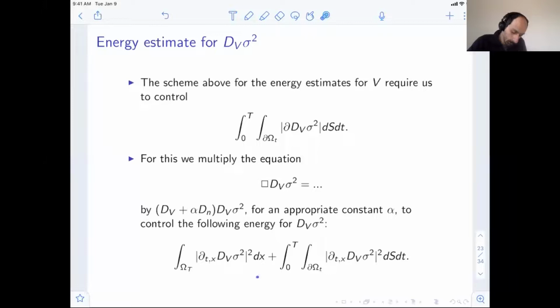one gets controlled by such a multiplier of the following quantity: the usual energy, which is just one derivative on any fixed omega t, and then an integrated energy, which is exactly the type of thing that we need to control. So an integrated energy on the boundary, not everywhere, but only on the boundary.